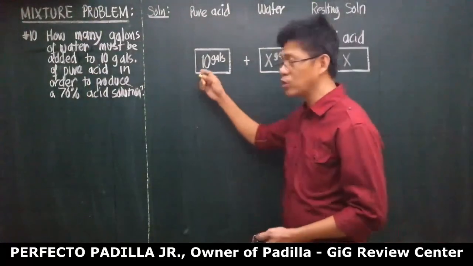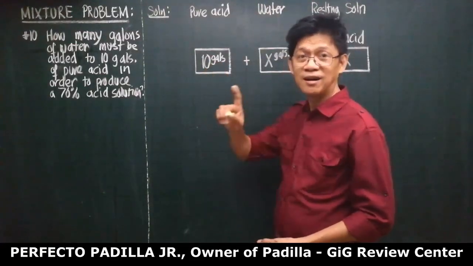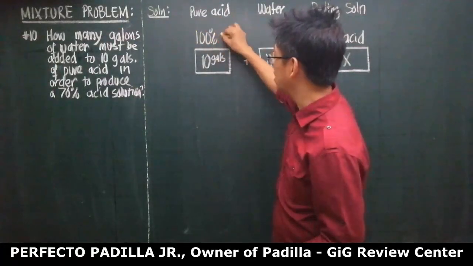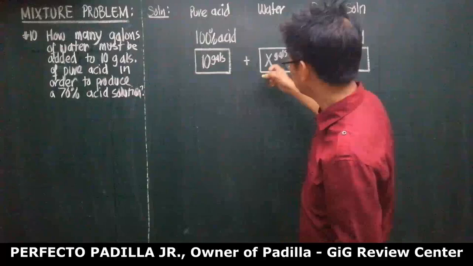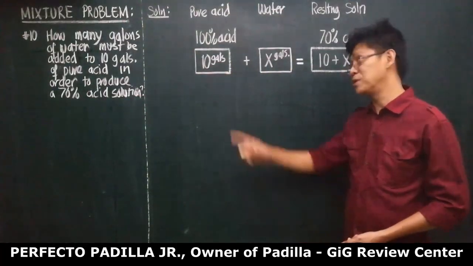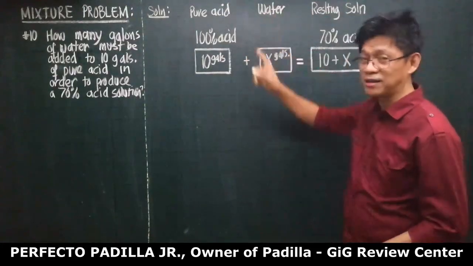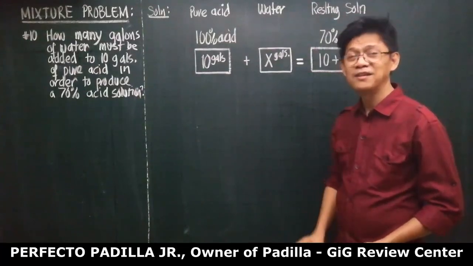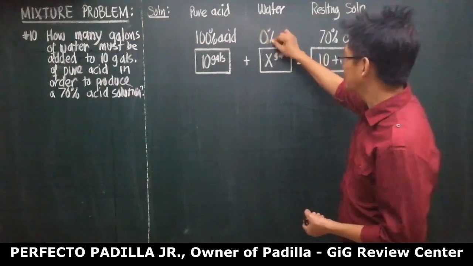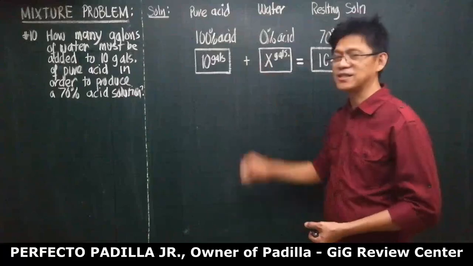Now, if this is pure acid, how many percent of this is acid? 100%. Pure, di ba? So this is 100% acid. And this is water. How many percent acid is water? I presume pure water, ha? So it is 100% water. How many percent acid? 0. So this is 0% acid. Ang tinatanong ngayon dito is, what is x?